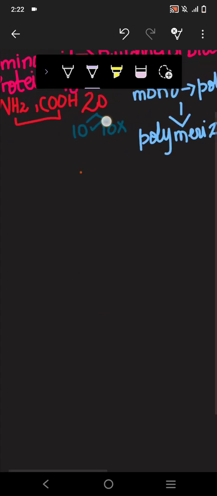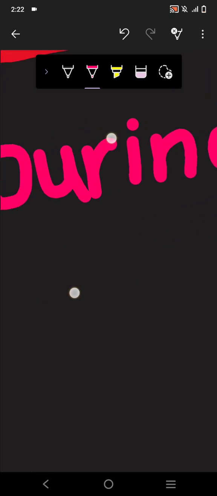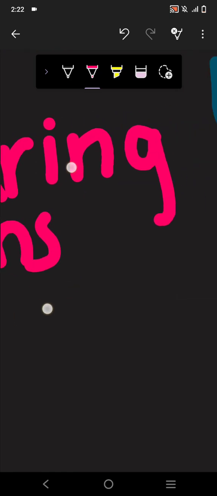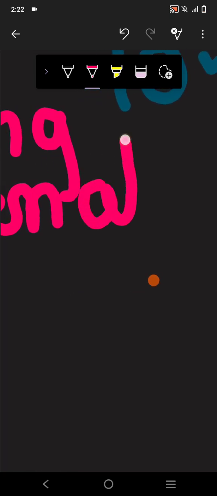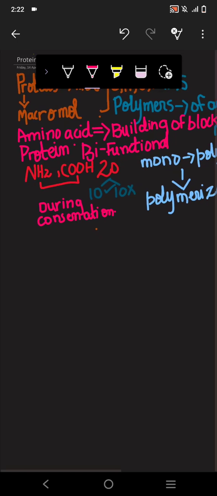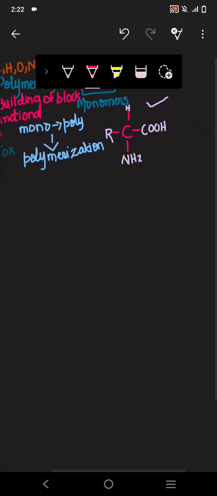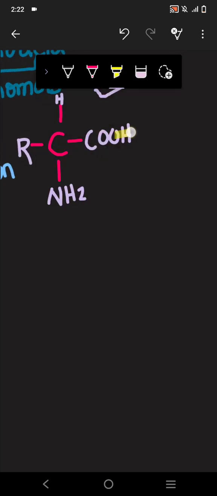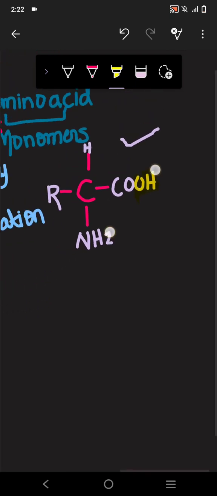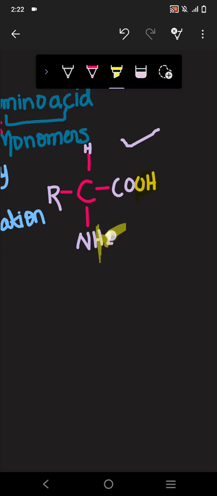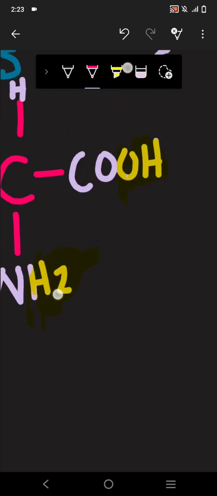During the condensation process, the OH from the carboxylic group and one H from the amino group are extracted.